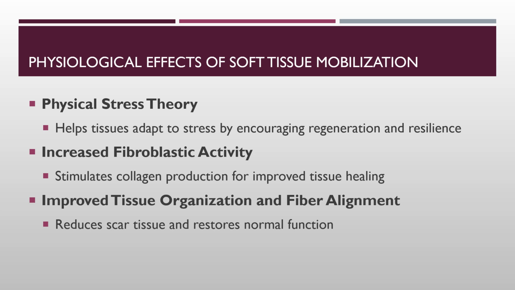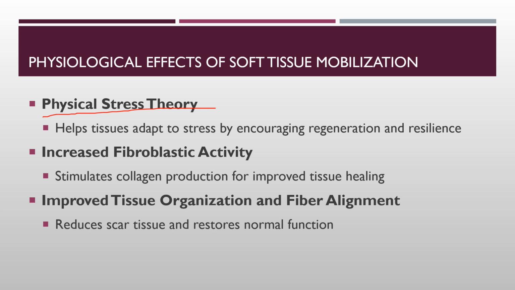Something that we need to talk about, part of the purpose that we use soft tissue techniques, is because of this physical stress theory. We know that our tissues and our bodies really rely on stress to adapt and to strengthen and to become stronger and more resilient to injury.